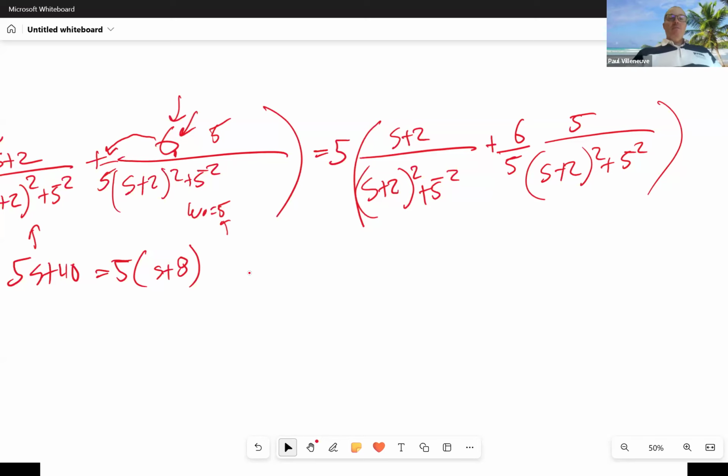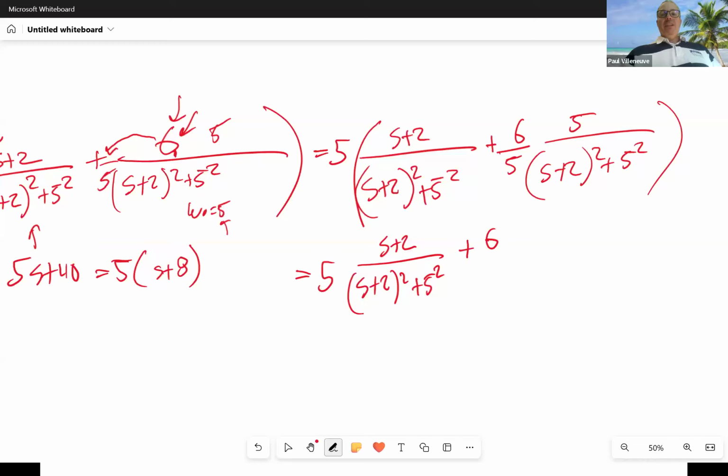So now I have 5 times s plus 2 over s plus 2 squared plus 5 squared plus 6 times 5 over s plus 2 squared plus 5 squared. Notice I multiplied both of those individual F of s terms by 5. That's why it canceled out over onto the 6.